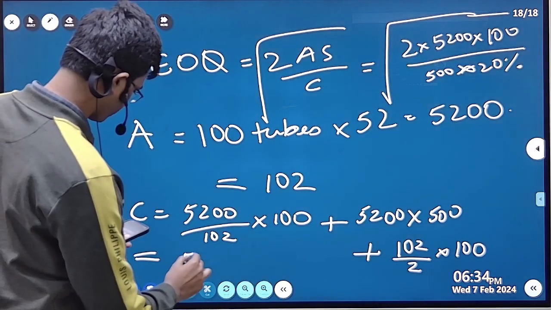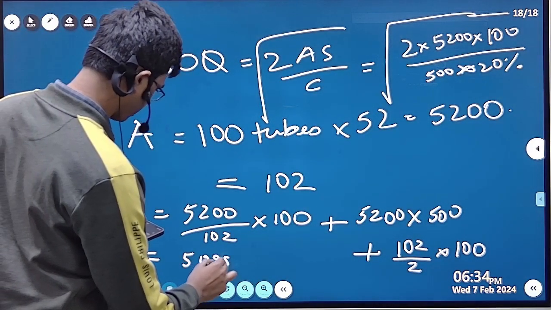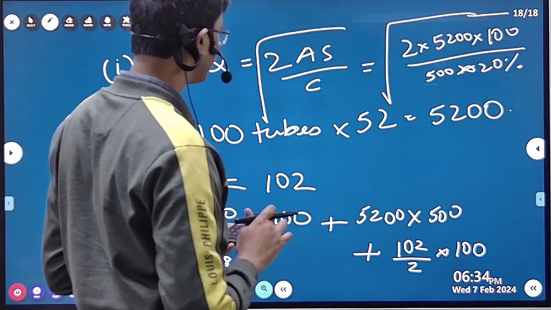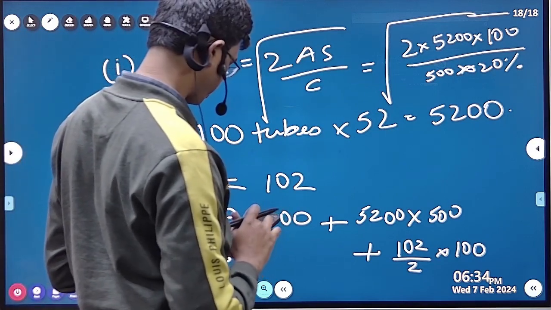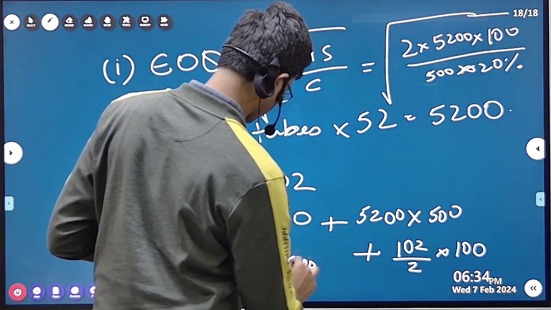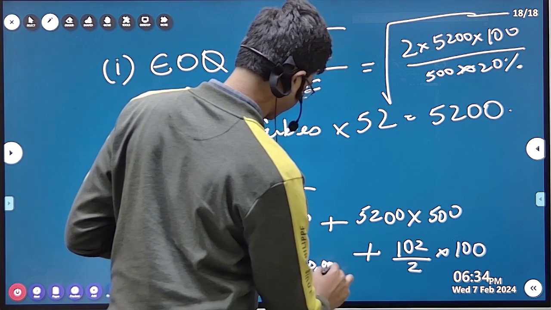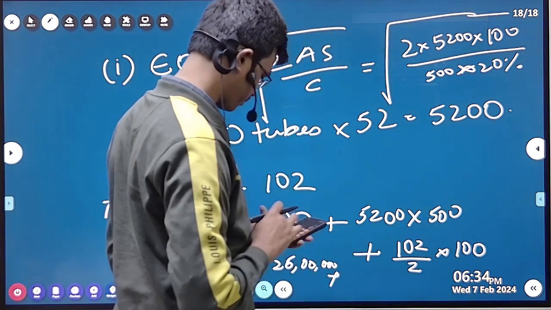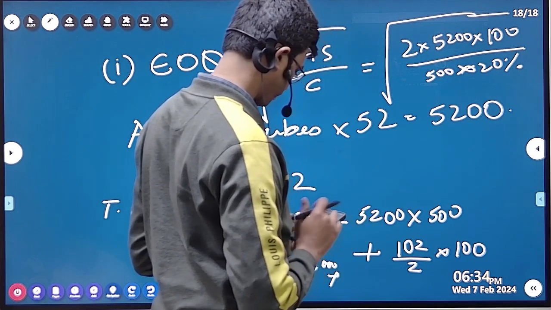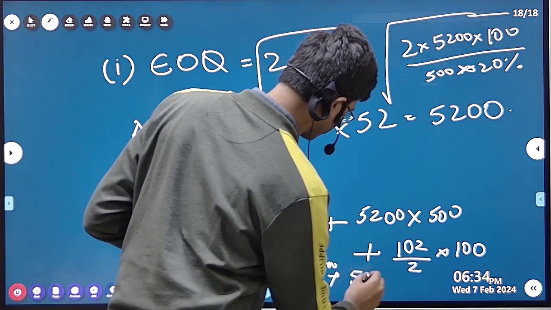It's 5098, plus 5200 into 500, 26 lakhs, plus 102 divided by 2, 5100.